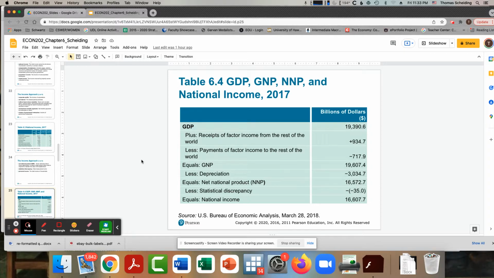This is a bit more complicated, and I'm not going to test you on being able to recreate a problem like this. I think it becomes a little bit tedious. But just be aware, from GDP, you can take into account other things to arrive at GNP, net national product, and national income.